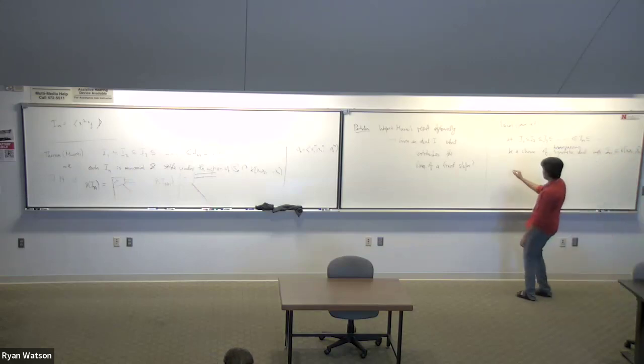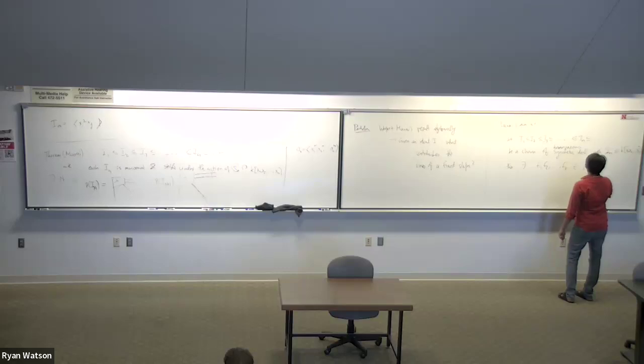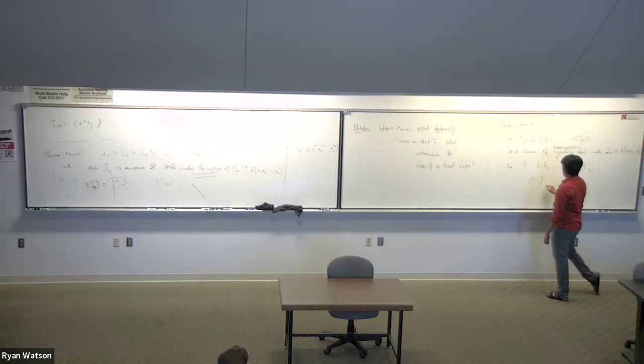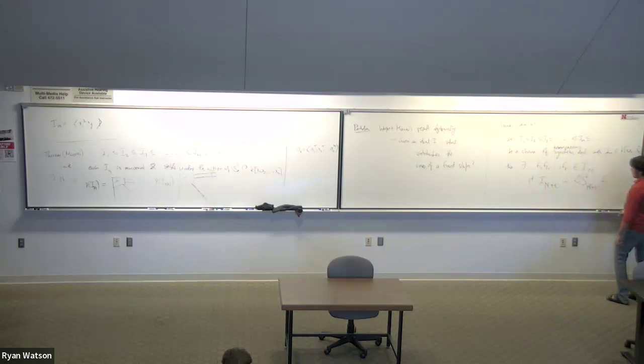Then there exist f_1, f_2, ..., f_r in some I_N, such that I_{N+t} is just generated by the S_{N+t} orbit of the f_i for all t greater than or equal to 0.